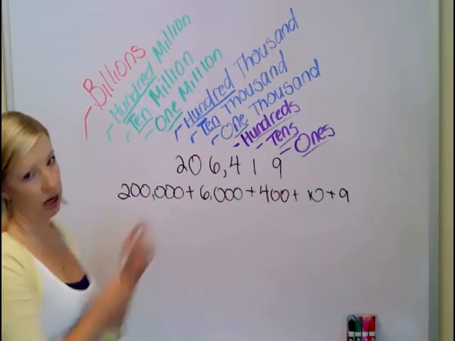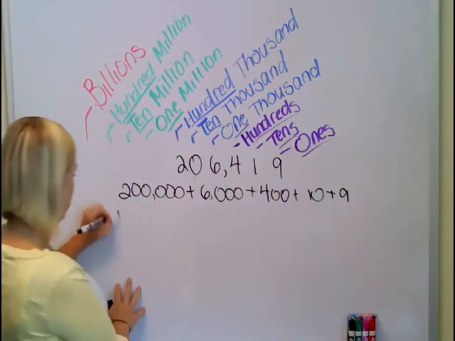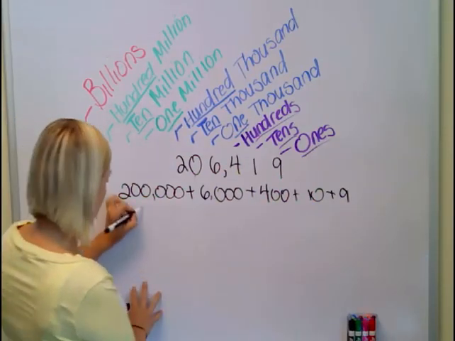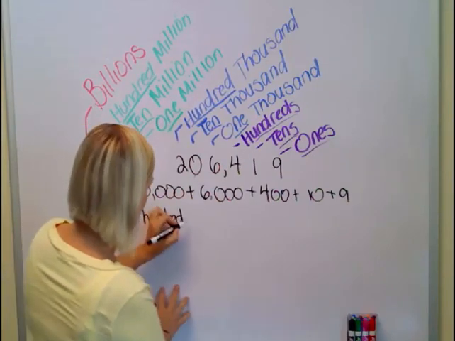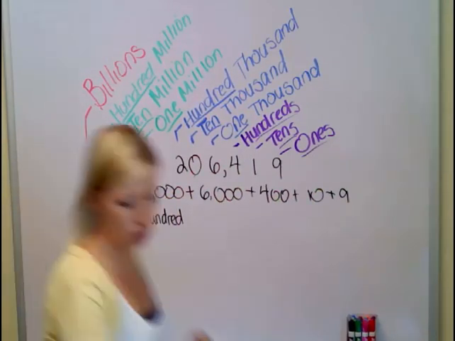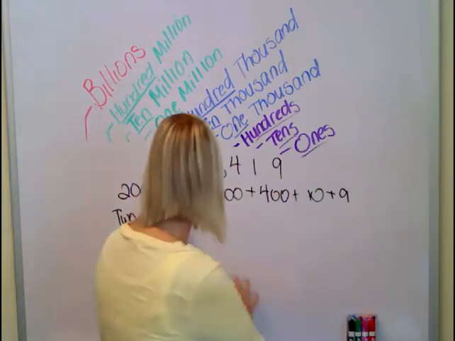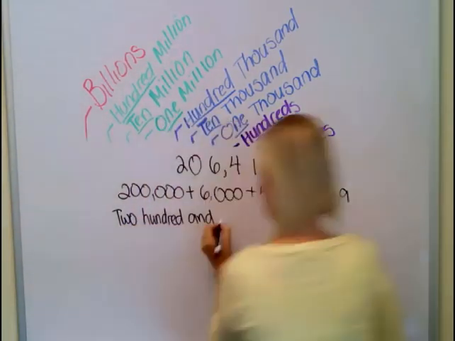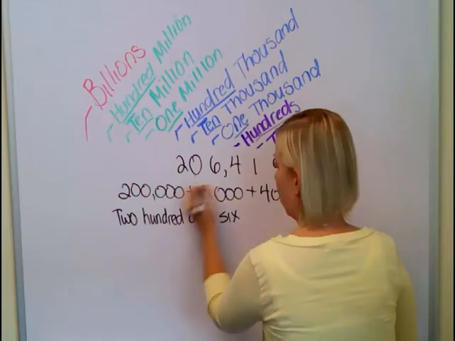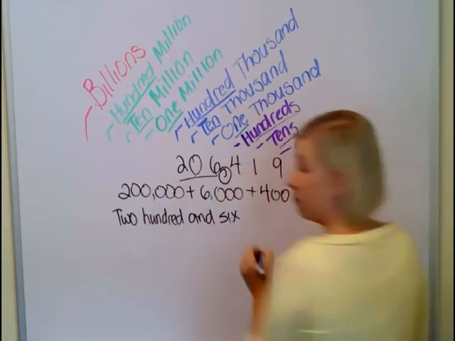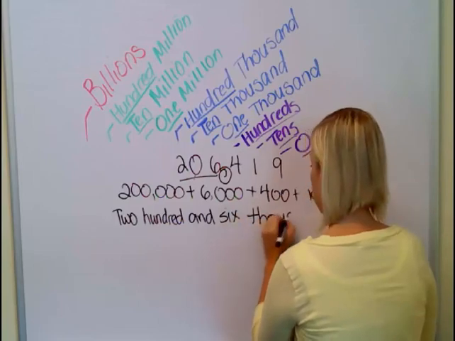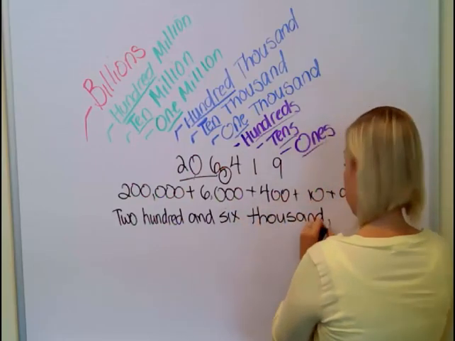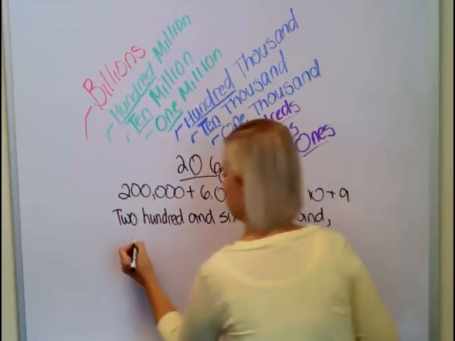So 200, and give me a second, it'll take a second. 206, now give the name of the comma, 206,000. 419.